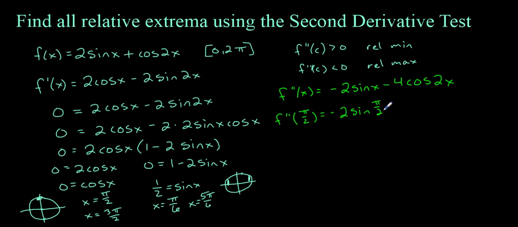Sine pi over 2, and cosine of 2 times pi over 2. All right, negative 2 sine pi over 2, negative 2 times 1, minus 4 cosine of pi, that's negative 1. And we get negative 2 plus 4, which is 2. The second derivative is greater than 0, therefore a relative min occurs at pi over 2.